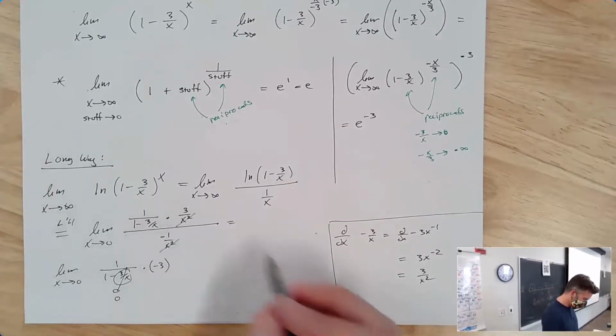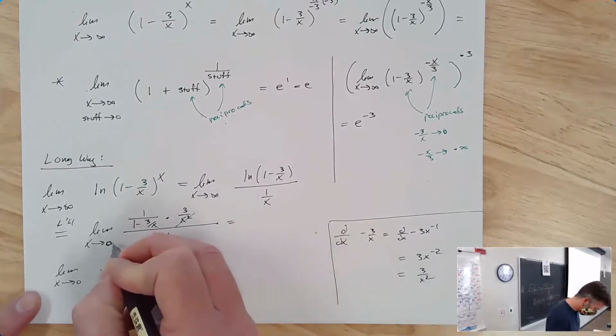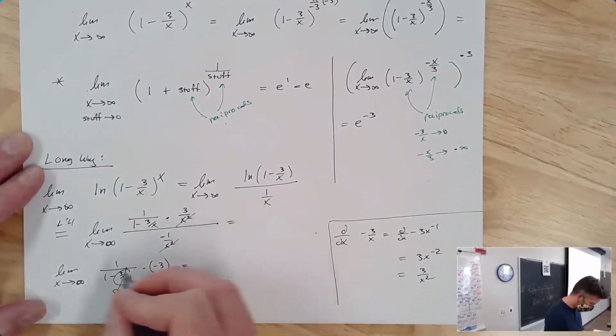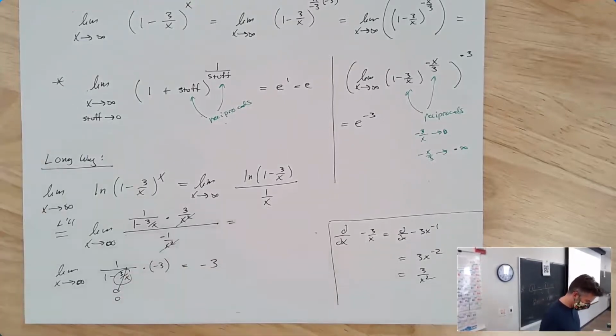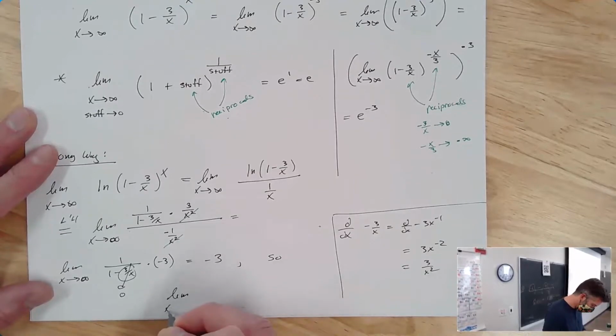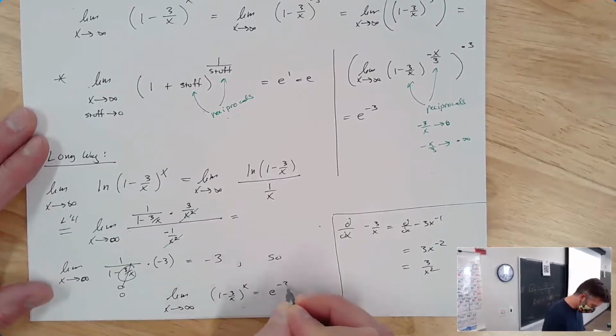Oh, my infinity transformed into a 0 somehow. Now that goes to 0. Otherwise, it's a problem. And then we have 1 times negative 3. So that limit's negative 3, which means the limit as x goes to infinity of 1 minus 3 over x to the x equals e to the negative 3.